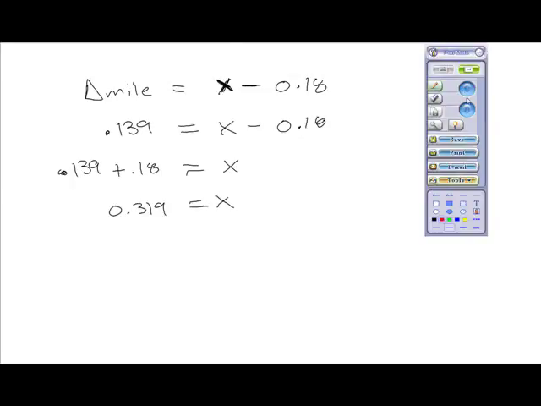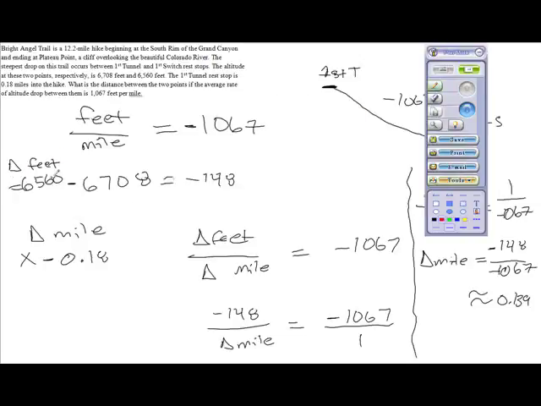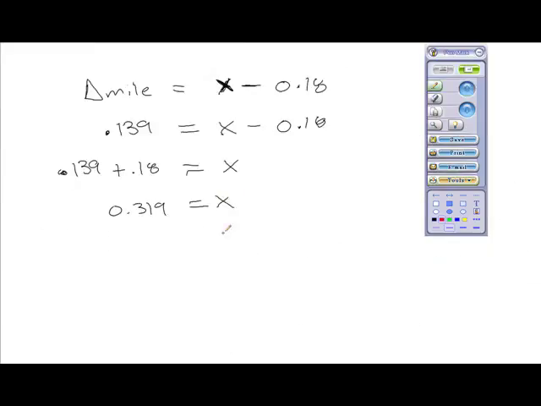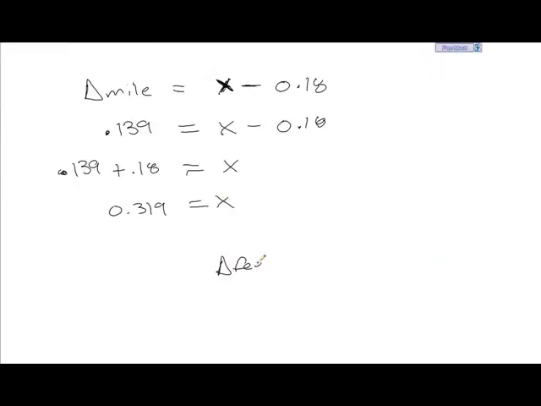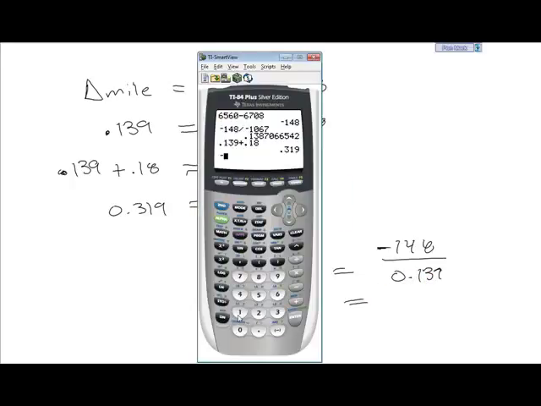So let me back up for a second and let's just see if we can compare it. We know that our change in feet is negative 148. We know that our change in miles is 0.139. Let's verify that we get negative 1067.